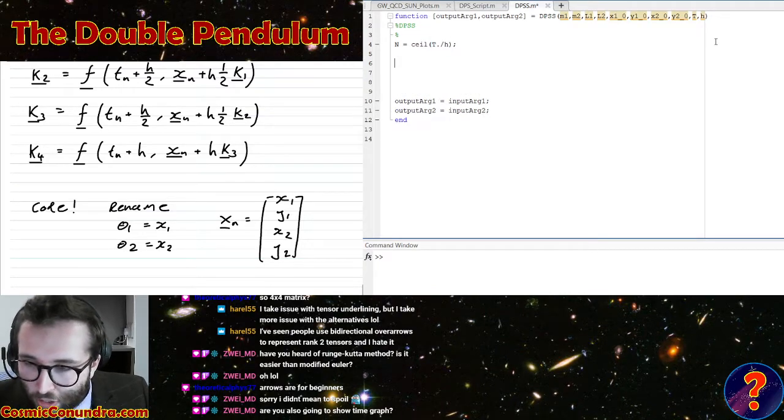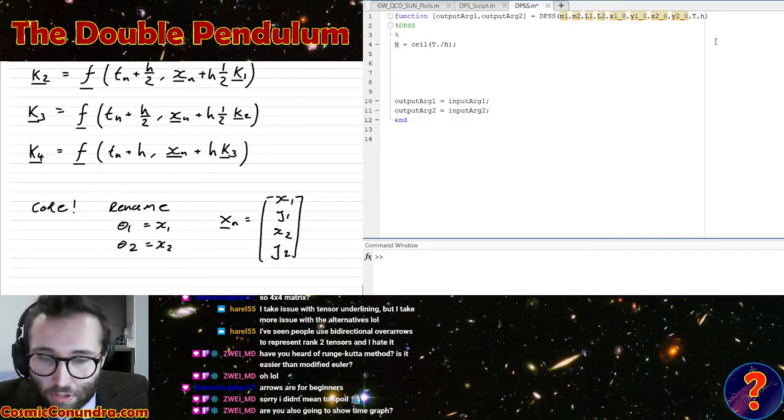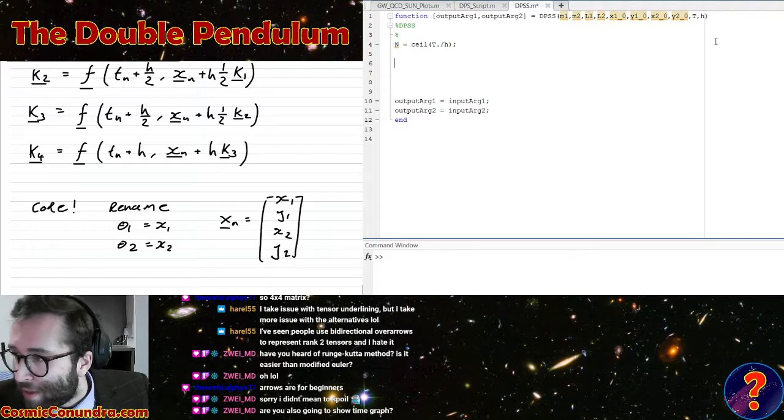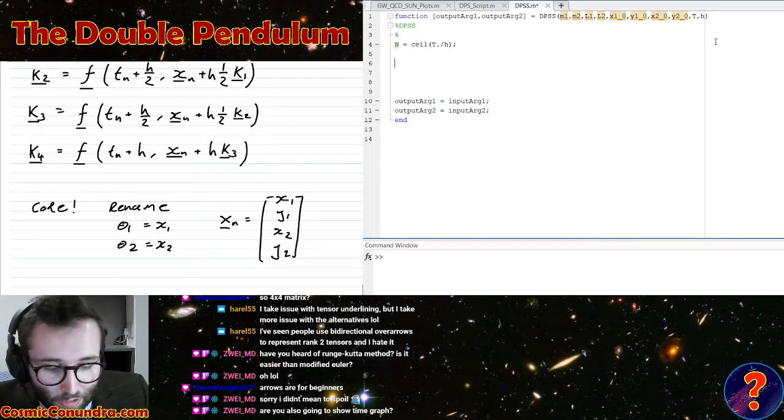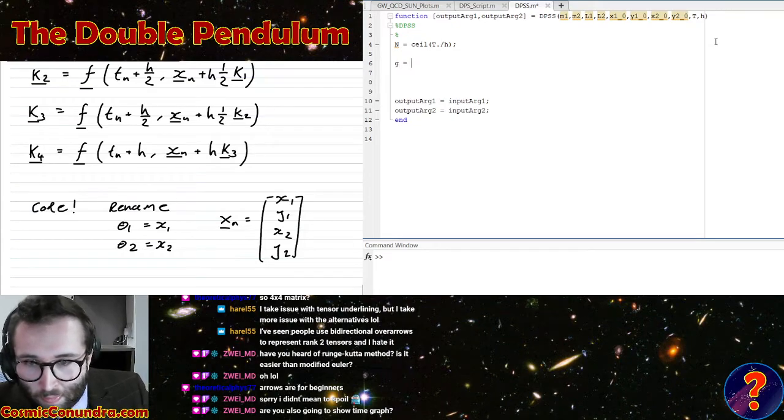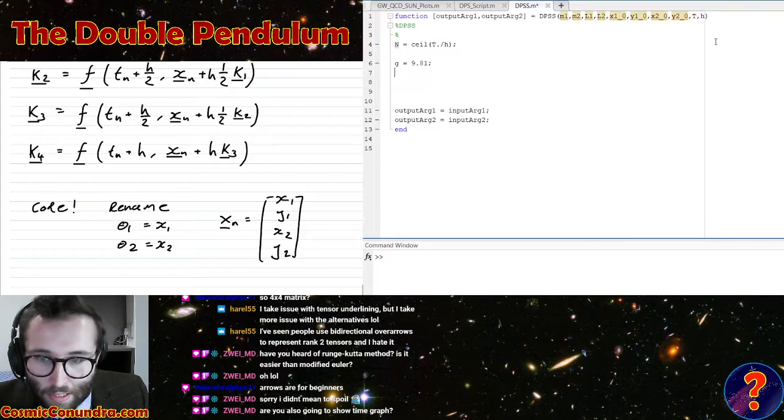The ceiling function just means in the instance that T over h is not an integer, it will round upwards such that we have an integer, because you can't have a non-integer number of grid points. This is just a number that describes how many points there are. As an important physical parameter, I'm going to write g as 9.81. That is necessary.